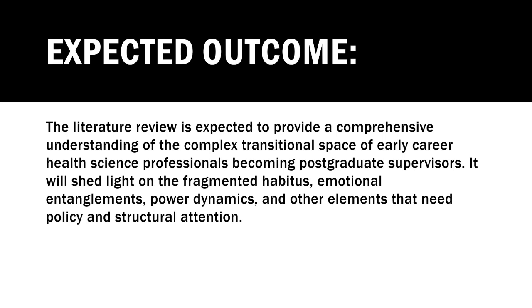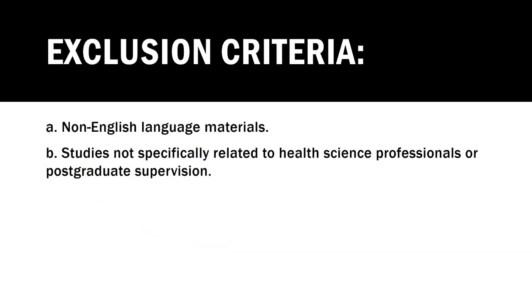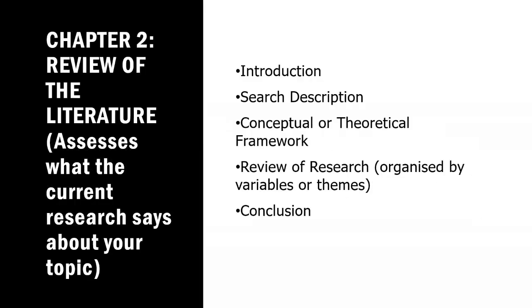People often ask me, what is the structure of a literature review chapter? So let's just go back in terms of the structure. After your introduction, your search description, and your conceptual or theoretical framework, which might be in the beginning or after you've analyzed your sources, you would give a review of your research, and this can be organized in different ways.